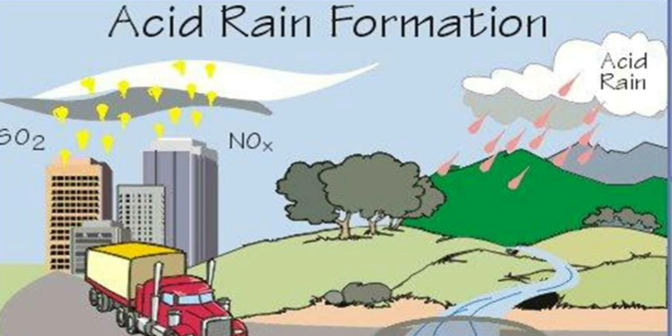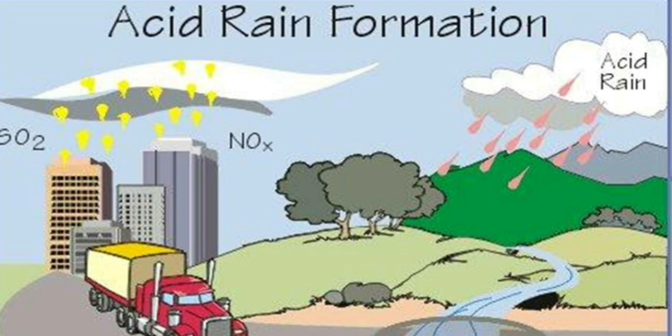We have sulfur dioxide and nitrogen oxides. What they do? The moisture present in the atmosphere gets mixed up, and then they produce hydrochloric acid and sulfuric acid.